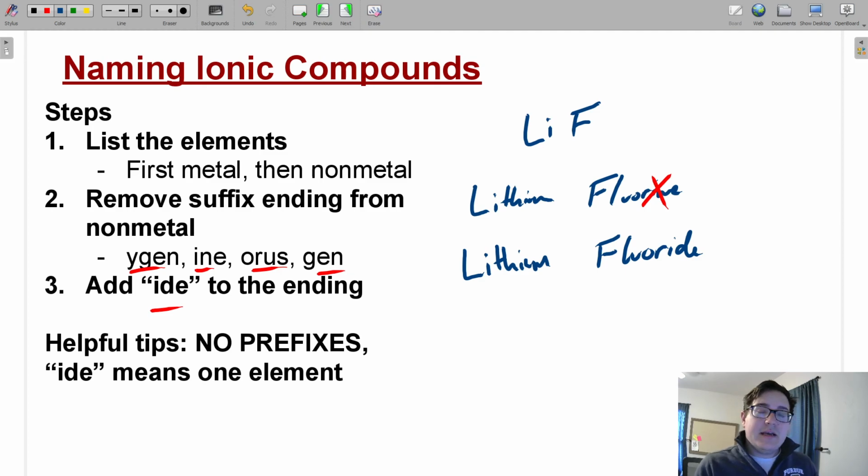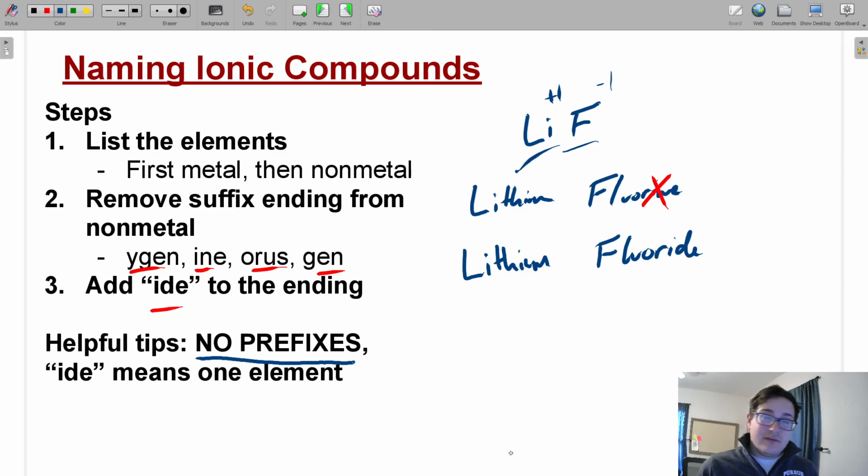When we look at ionic compounds, we have a metal and a nonmetal, so we've got lithium and fluorine. And with these two elements in ionics, there's only one ratio for them to show up, and that's a 1-to-1 ratio here, because lithium makes a +1 charge, fluorine makes a -1 charge. The problem you run into is prefixes can get confusing. But if we know it's ionic, there's going to be no prefixes.